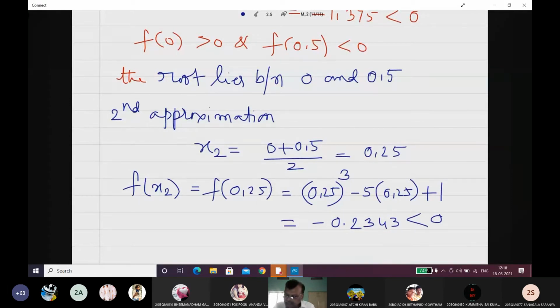పైన మనకేమి f of 0 అనేది మాత్రమే పాజిటివ్ ఉంది. f of 0.5 నెగిటివ్. కాబట్టి ఎలా ఉంటుంది మళ్ళీ రూటు? 0కి 0.25 మధ్యలో ఉంటుంది.